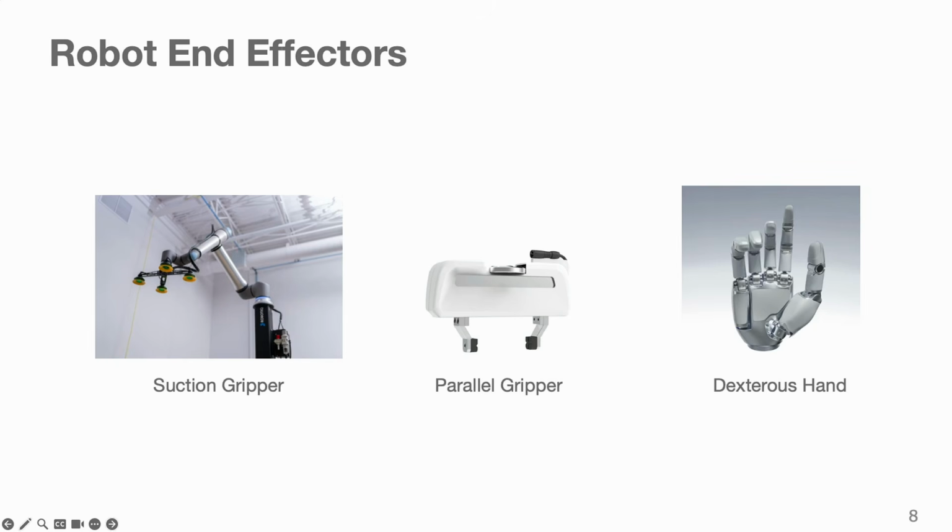Then in the middle is the parallel gripper, which is what most of the industrial robots, like the Francas and the SO-101s that you will be using, use. Here, it's a 1 degree of freedom action, and you have to worry maybe about the width of the object, and it requires a bit more precision to interact with objects.